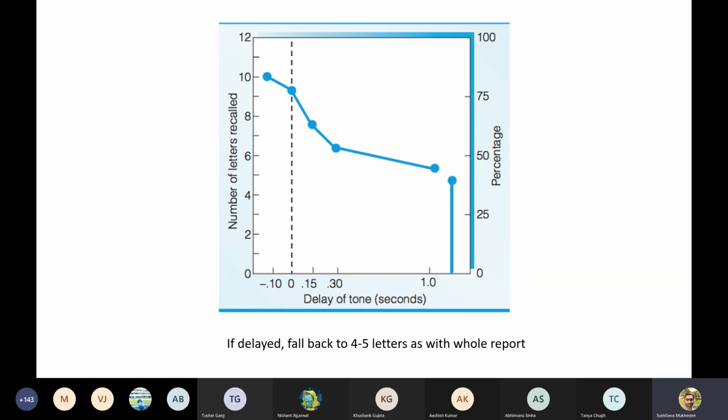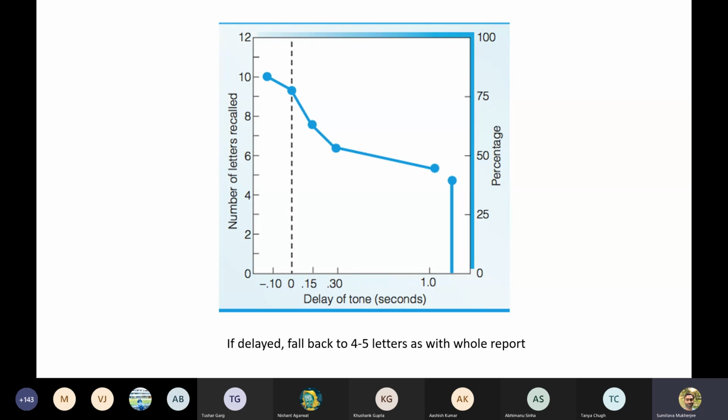Essentially, on the presumption that because the cue is random, you technically cannot know where the cue is going to come. So automatically you need to store all 3 rows because you don't know which row you will have to recollect. And the same thing you can do with columns also.